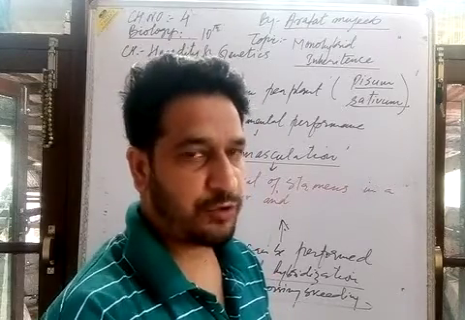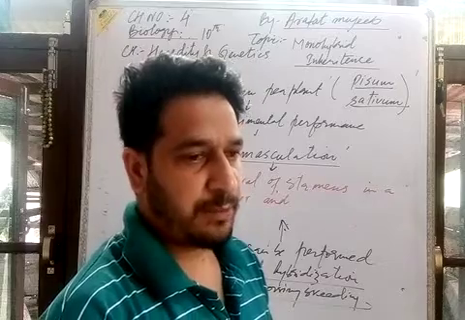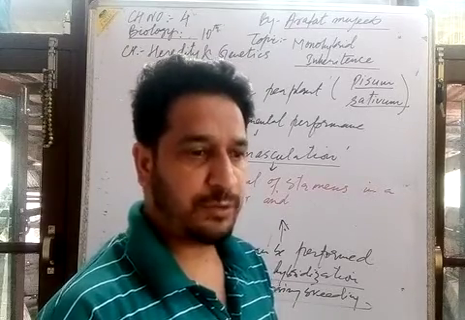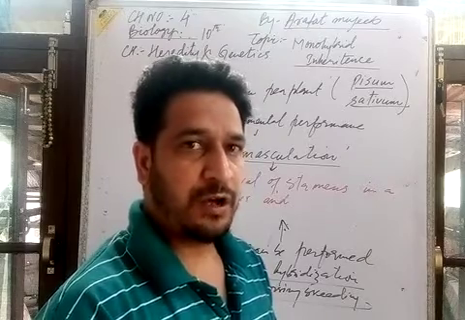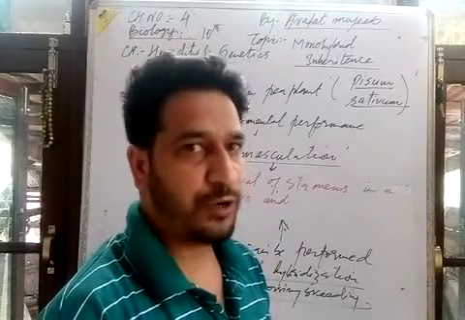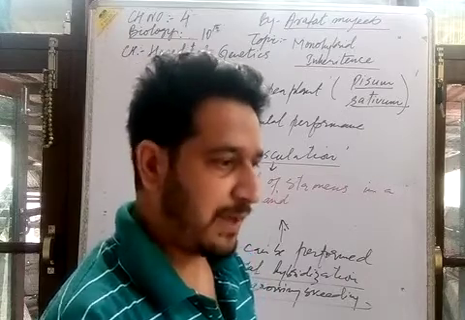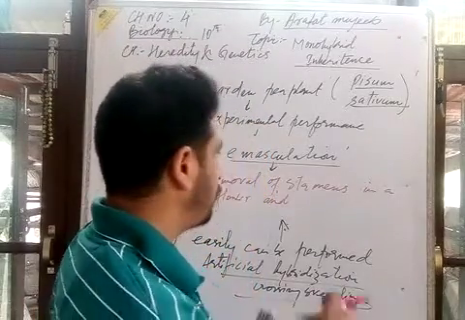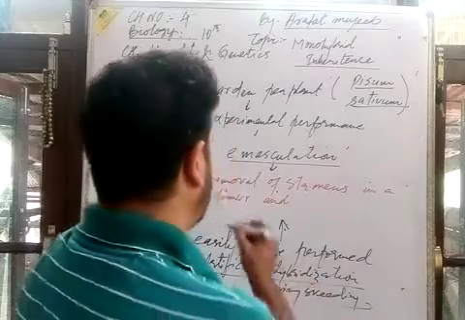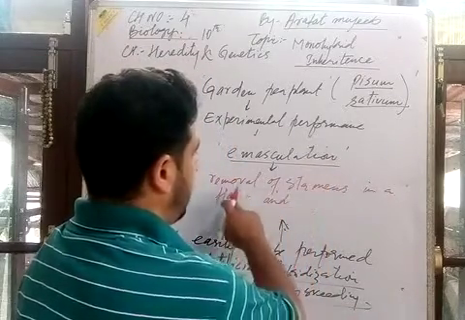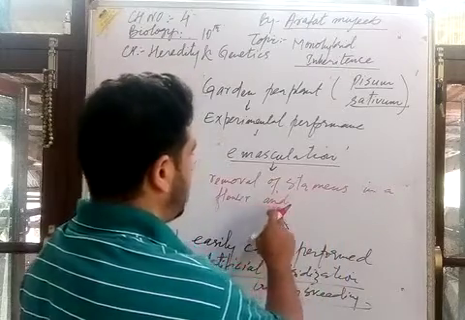By removing the male part, its pollen cannot pollinate the egg in the ovary of the same flower. That means preventing self-pollination. This process is known as emasculation, removal of stamens in a flower.